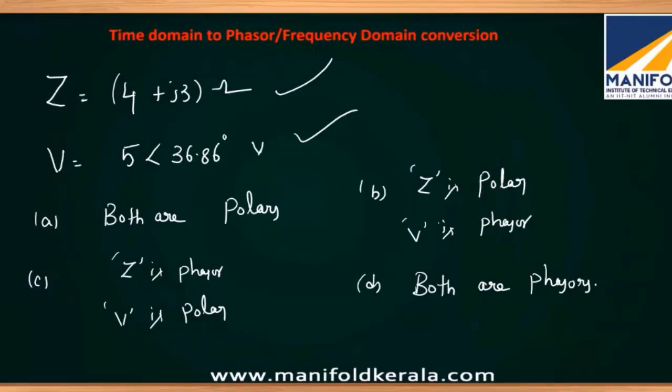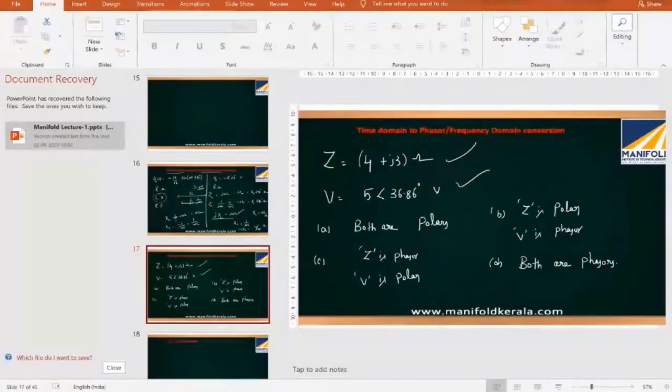Z is phasor, V is polar, and the opposite one, which is the right option? Anyone? Sir, we have replied in the chat box. Pardon? Okay, you have typed in the chat box. Okay. Z is polar, V is phasor is the right option.